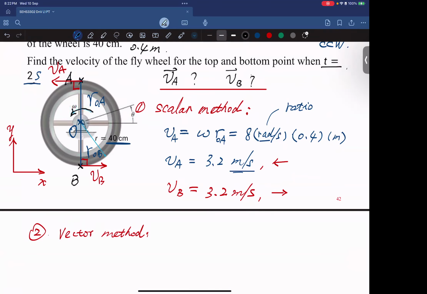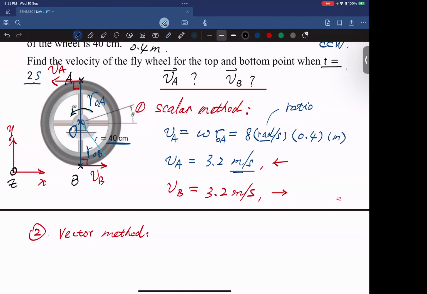But the rotation axis is perpendicular to this plane. So X and Y is not enough. We need Z. How to get Z? Actually, Z is a direction pointing out of the paper. Why not point in, but point out? Because we have a right-hand coordinate system.